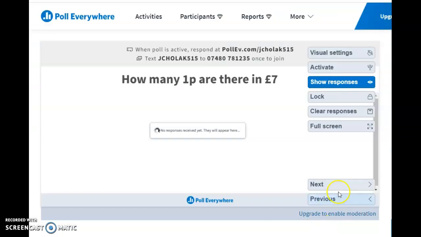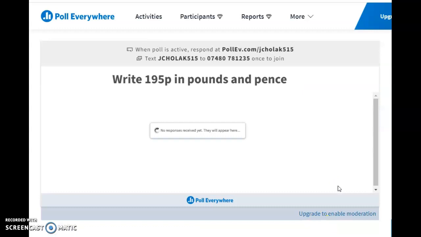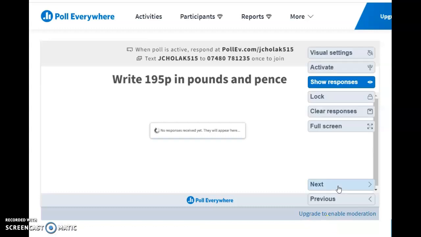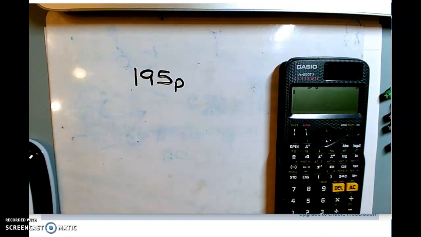All right, let's take a look at another type of question. So last type of question here, we would like to write 195p in pounds and pence. So let's look.